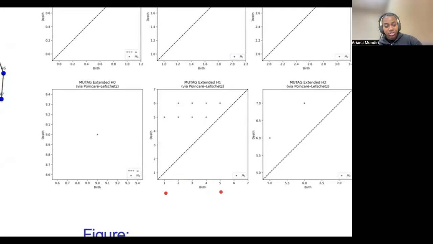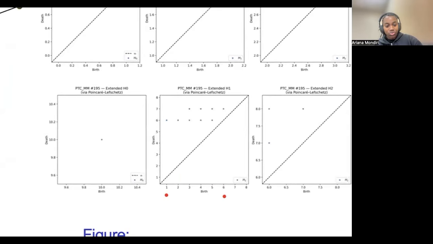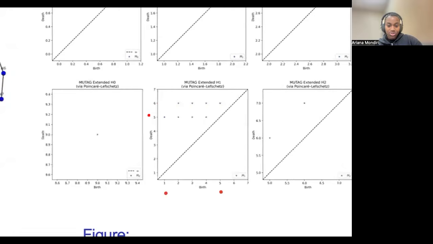That basically just tells us that the filtration captures things at a bigger scale for the molecule 195. And for the death, the range is the same. Its absolute value is 1, but for the molecule 195, it's from 6 to 7, and for the MUTAG, from 5 to 6.